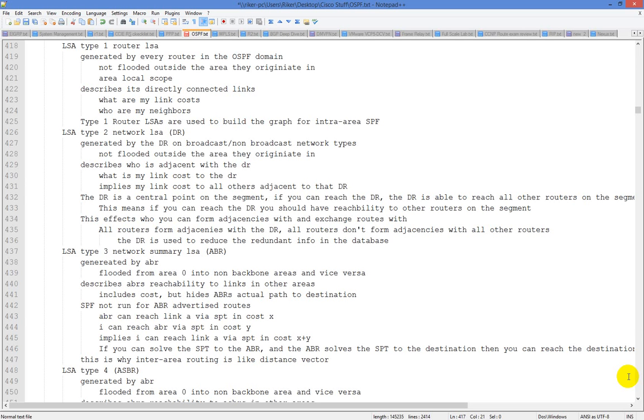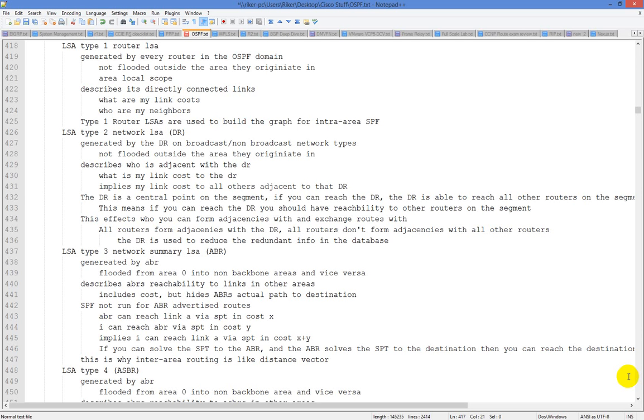But basically, the idea of the DR/BDR is, when you have a broadcast segment, you're going to want to avoid a full mesh of peerings, and you're going to use it in more of a BGP route reflector type of situation, where you're going to have a group of routers. We'll say you have 4 routers, router 1, 2, 3, 4.